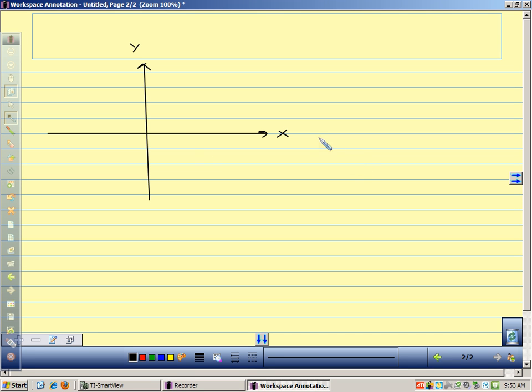The origin, 0, 0. And my sketch is going to look something like this. Not a beautiful sketch, but good enough. And our vertex is at 0, 0.